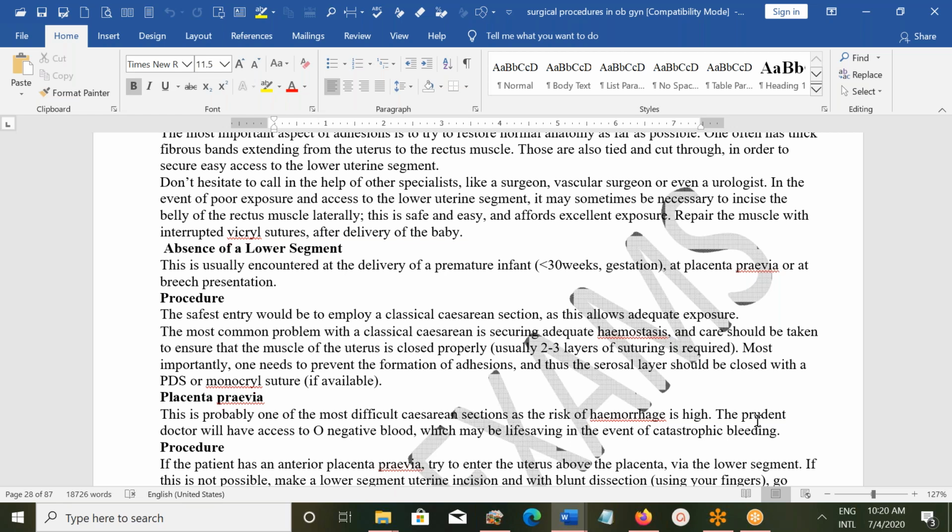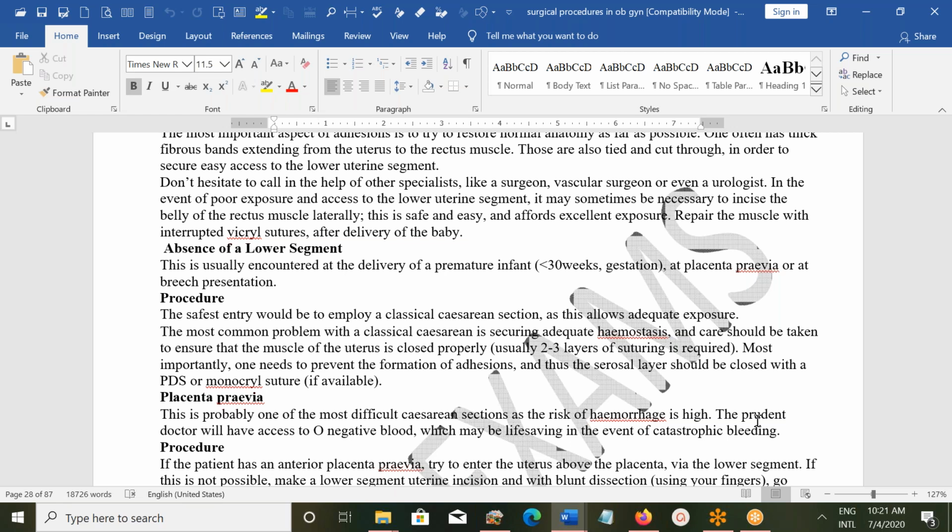Usually 2 to 3 layers of suturing is required. In the exam, you will always see 3-layer repair of the classical uterine incision. And most importantly, one needs to prevent the further formation of adhesions, and thus the serosal layer should be closed with a PDS or monotral suture if it is available.